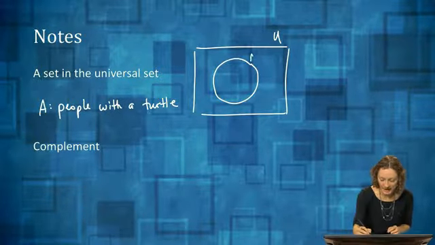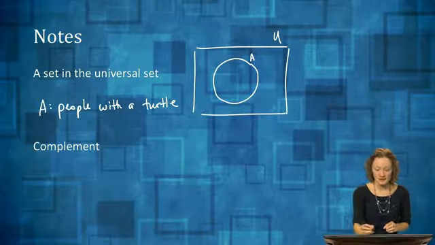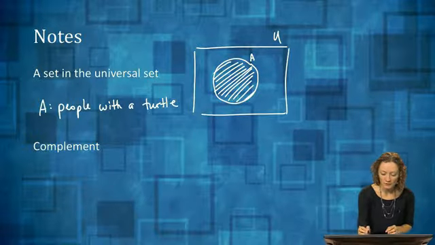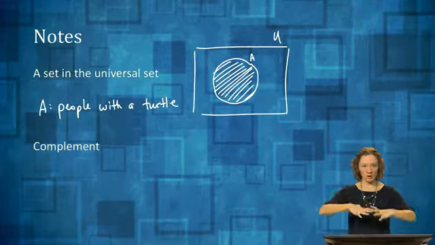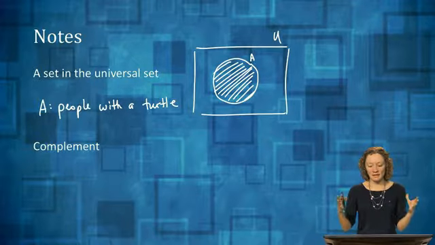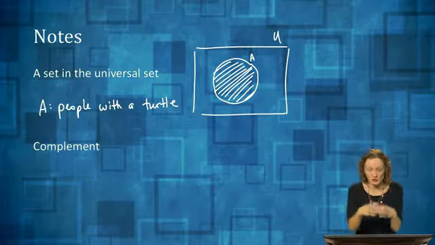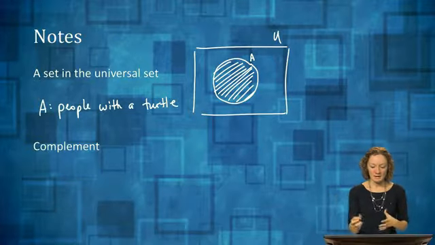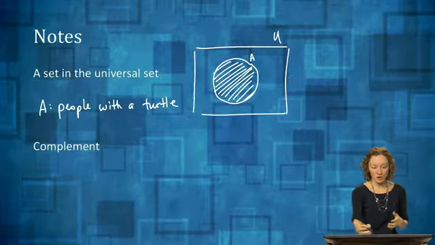We'll have set A exist inside this universe, and set A is all the people that have a turtle. You can sort of picture that the universe still contains all the people of Japan. We're just now able to partition them. If you're a person in Japan that has a turtle, then you are inside of set A, and if you don't, then you're outside of set A. But the universe still contains all people.